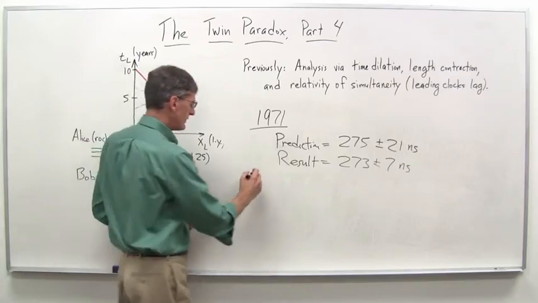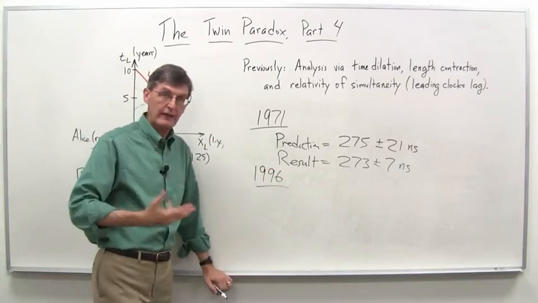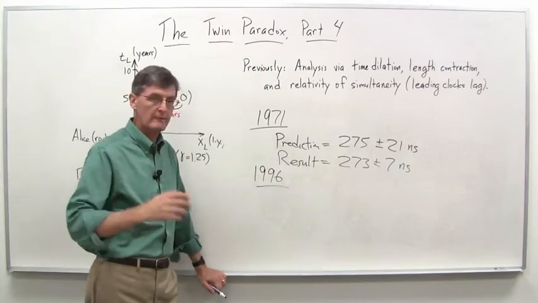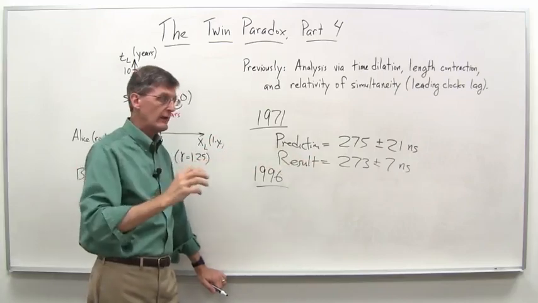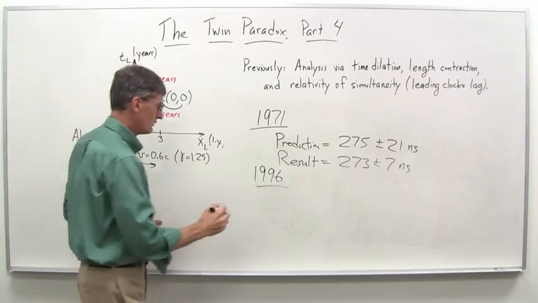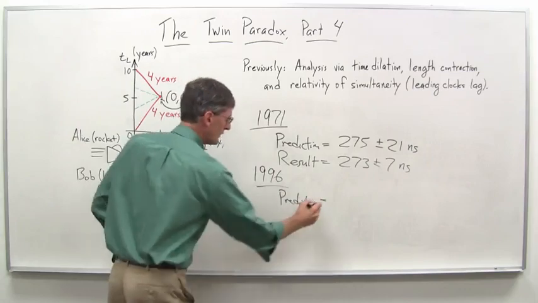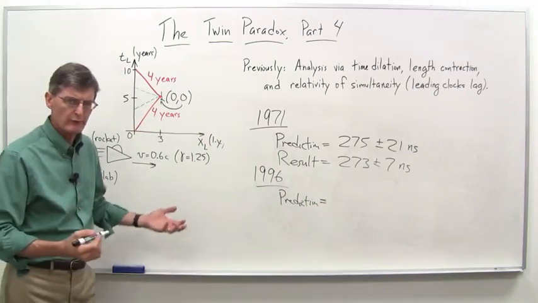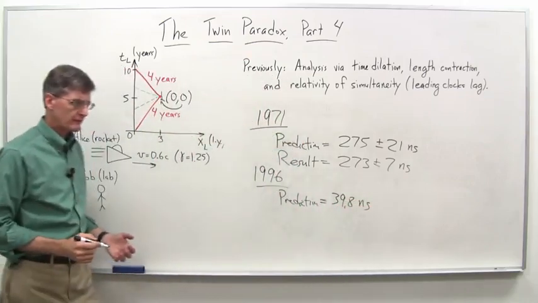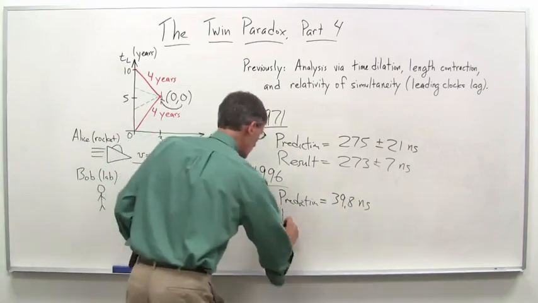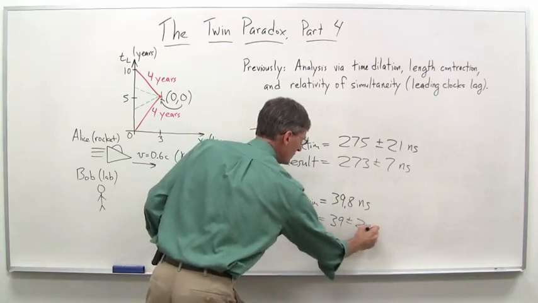They actually repeated this in 1996, a form of this experiment, where by that time they had better atomic clocks, about 25 years later, and they took one on a jetliner from Washington, D.C. to London and back again, and the prediction there for the result was almost 40 nanoseconds, I think 39.8 nanoseconds, and the result was about, I think, 39 plus or minus 2 nanoseconds.